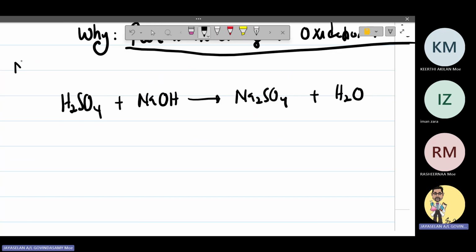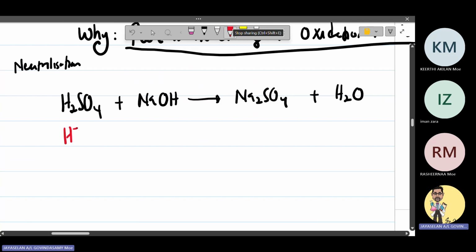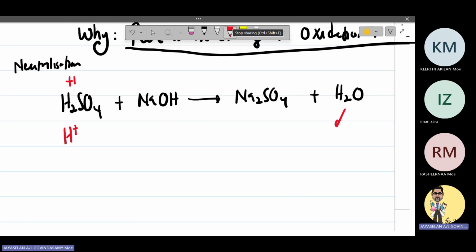This is what reaction? Neutralization. So in your mind, this is non-redox reaction. If we look at the oxidation number, hydrogen ion H positive, so positive 1. Here water, H positive, OH negative, so this is also positive 1, no changes. This sulfate ion, SO4, 2 negative.